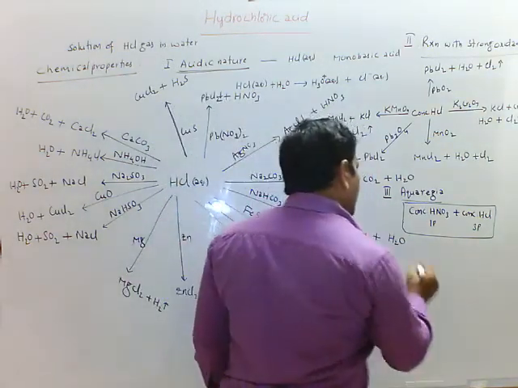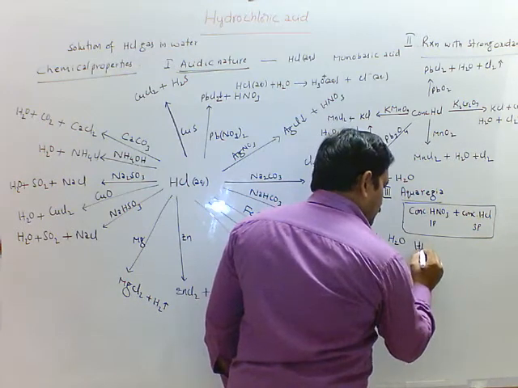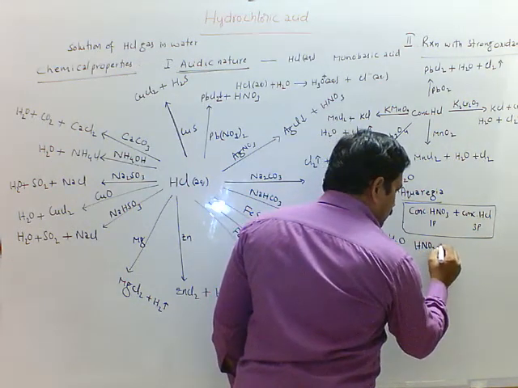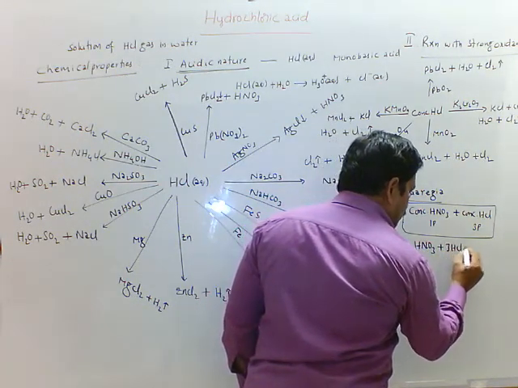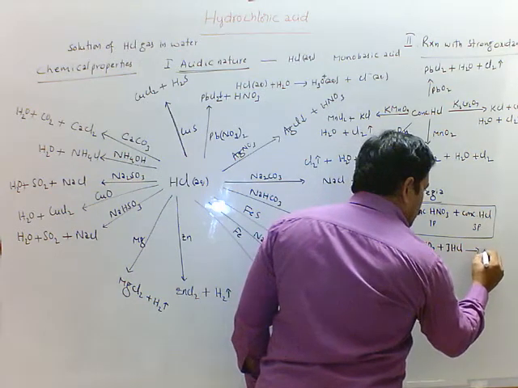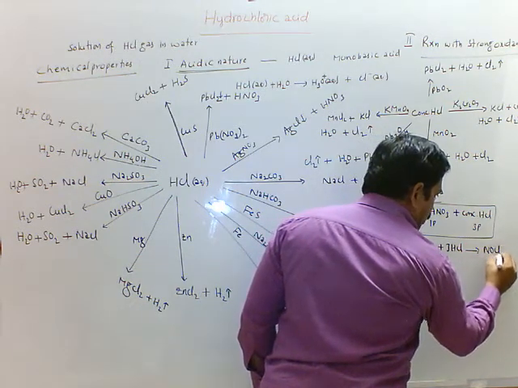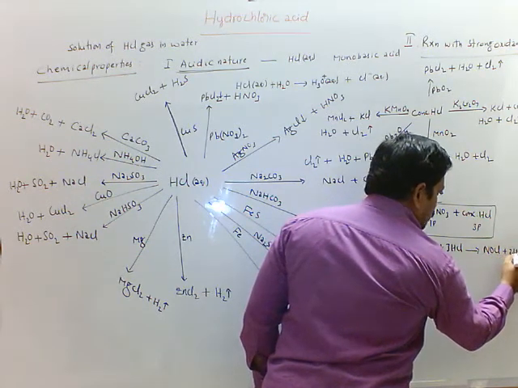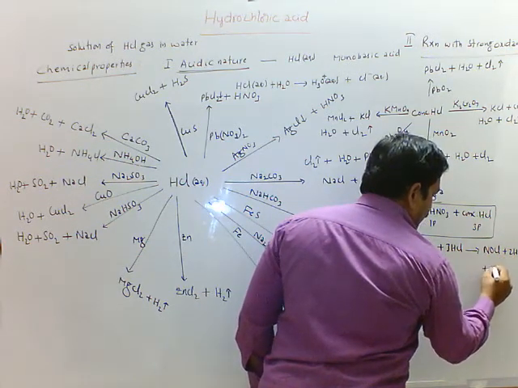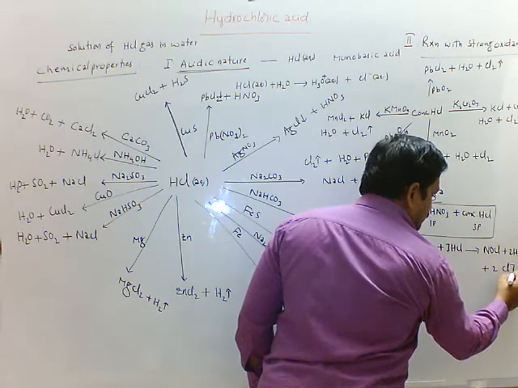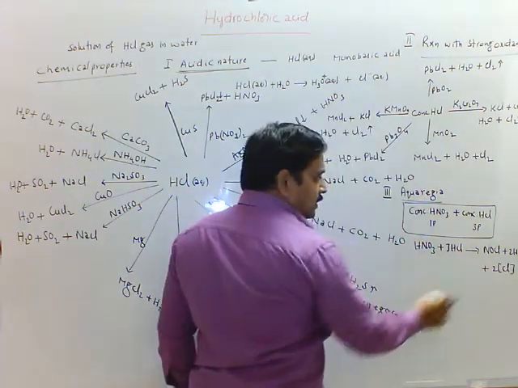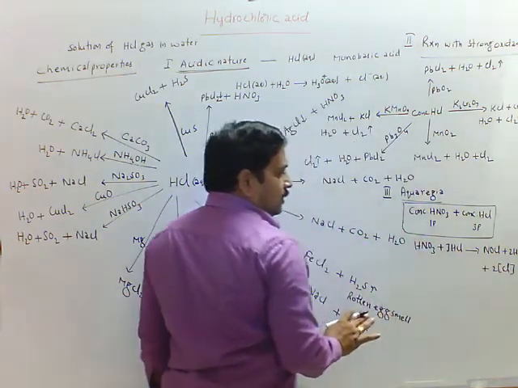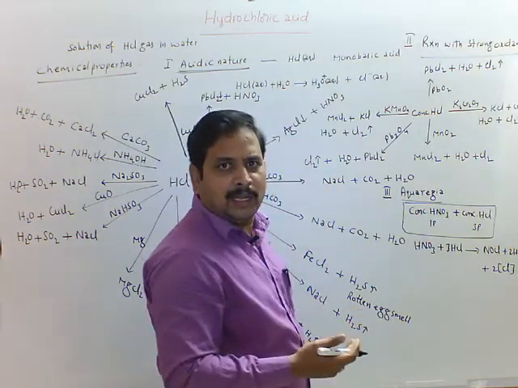Here reaction is HNO3 plus 3HCl gives rise to nitrosyl chloride plus 2H2O and giving 2 nascent chlorines. This nascent chlorine reacts with noble metals.